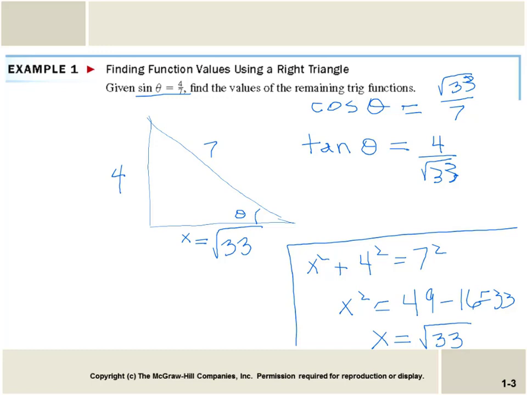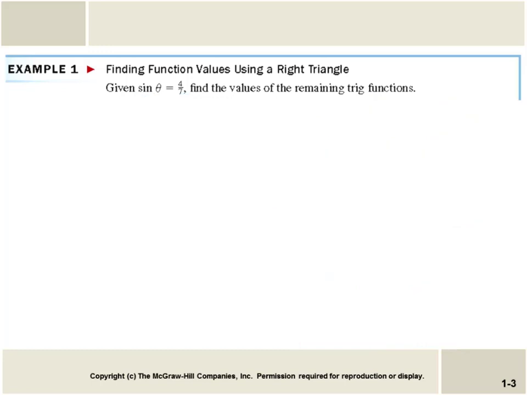Okay. So here, I'm gonna start all over. Here, hold on a second. I'm gonna just delete everything. So we know that we have this triangle. Let me just rewrite it so I have some space. So we have a triangle. This is 4, 7, and the square root of 33.